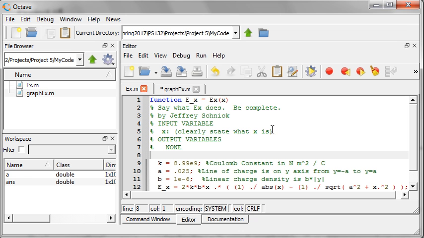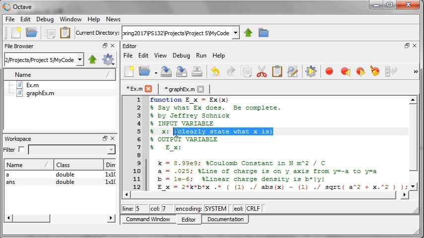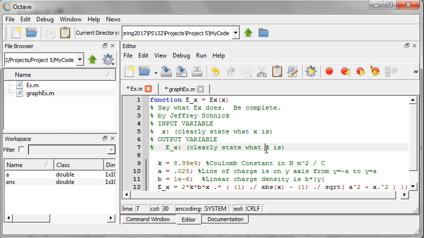Output variable is none, right? Oops, nope, I got that wrong. And then you have to clearly state what eSpecs is. Alright, I think that's looking a little bit better.